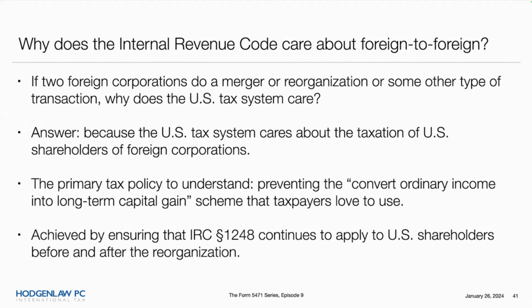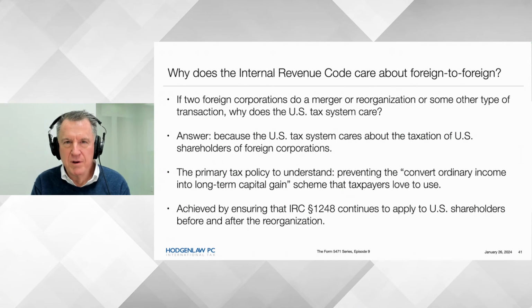So anything that you do in reorganizing, restructuring CFCs outside the United States, if by doing that restructuring, you interrupt the ability of the US government to tax those earnings and profits, then government not happy. And that's where section 1248 comes in.